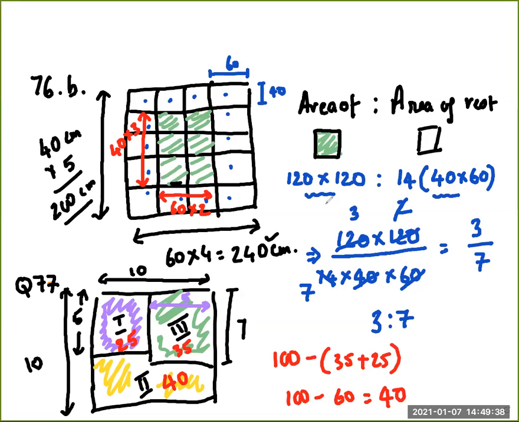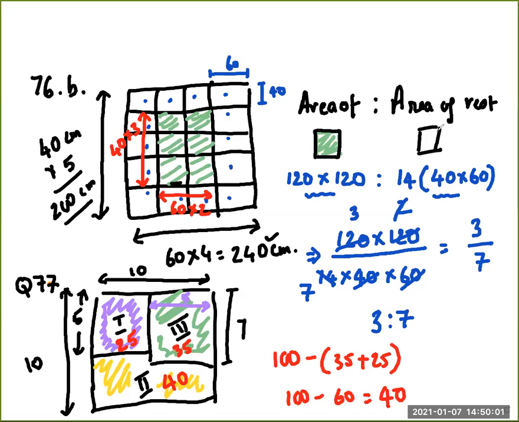Now, before you multiply the two numbers, keep it as it is. I have a nice trick at the end which helps you get an answer fairly quickly. When you get problems like this, where you have to find the ratio of two different areas, don't be in a hurry to multiply. Keep them as a product and you'll soon understand why.